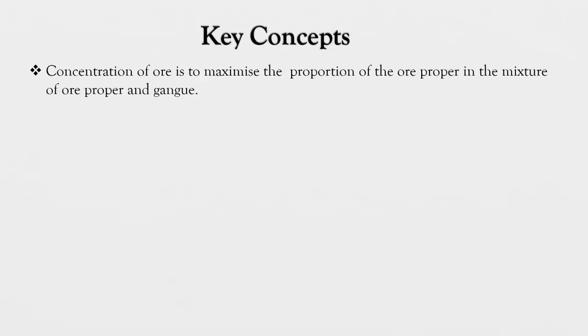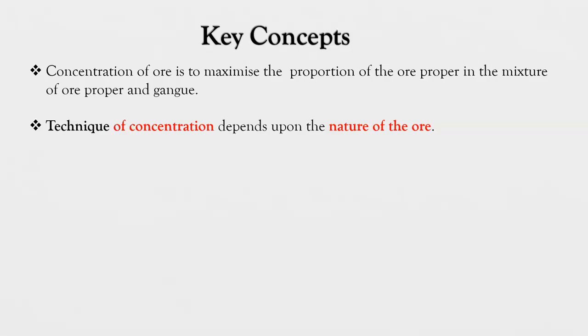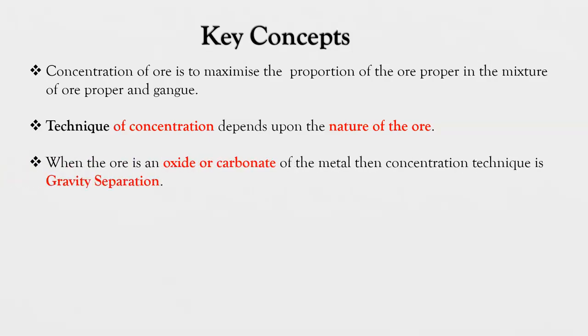Let us revise the key concepts. Concentration of ore is to maximize the proportion of the ore proper in the mixture of ore proper and gangue. Technique of concentration depends upon the nature of the ore. When the ore is an oxide or carbonate of the metal, then the concentration technique is gravity separation.